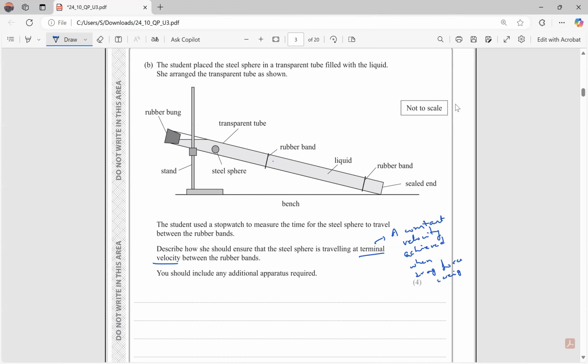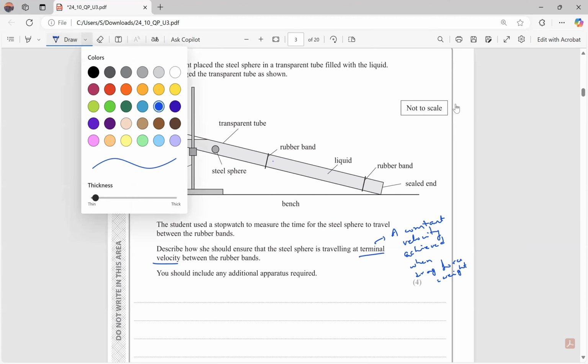Over here, since the tube is inclined, it would be when the drag force is equal to a component of weight. But anyways, we don't have to mention the definition here. This is just to explain what terminal velocity is. The key word over here is that it's a constant velocity.